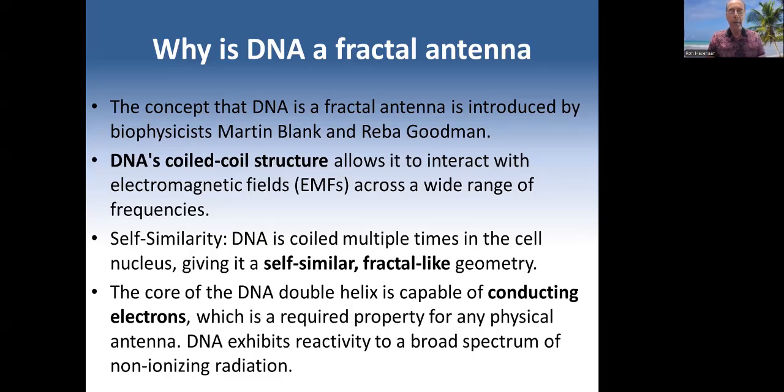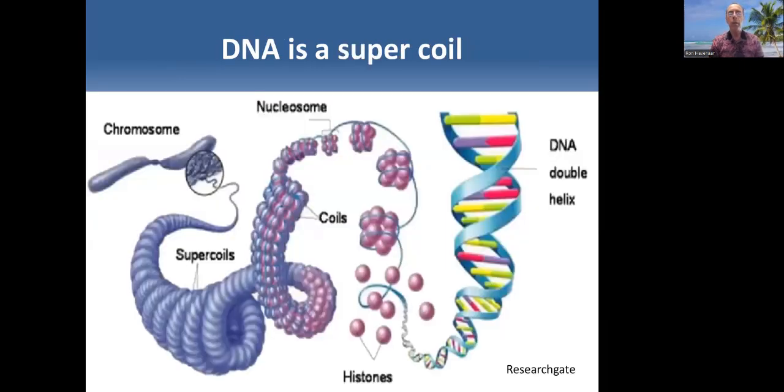So DNA is a double-wound helix, and it is able to conduct electrons and to conduct an electromagnetic force. So DNA is a supercoil. Here at the right side, you see the DNA forms a double helix.